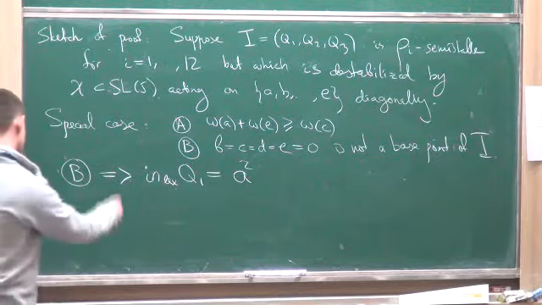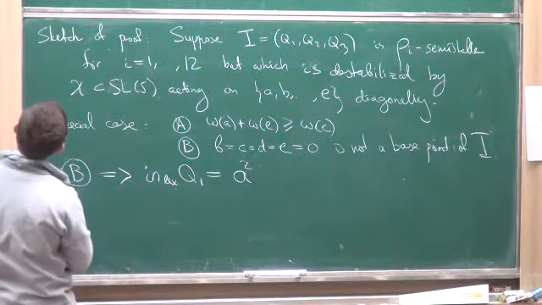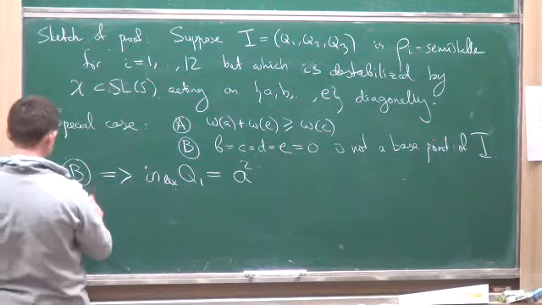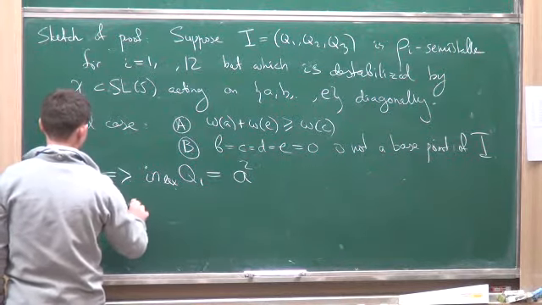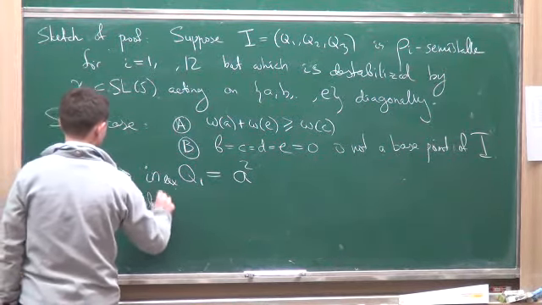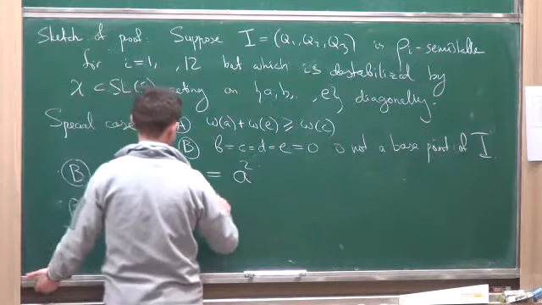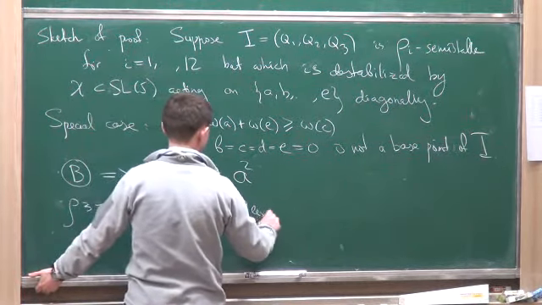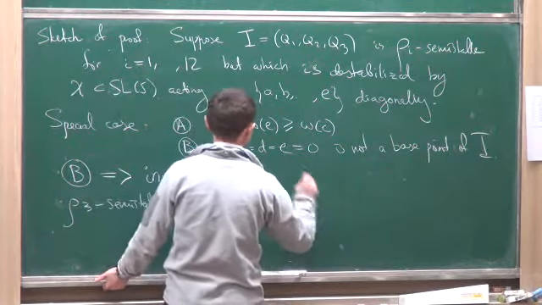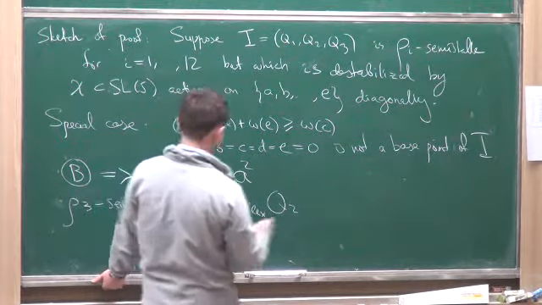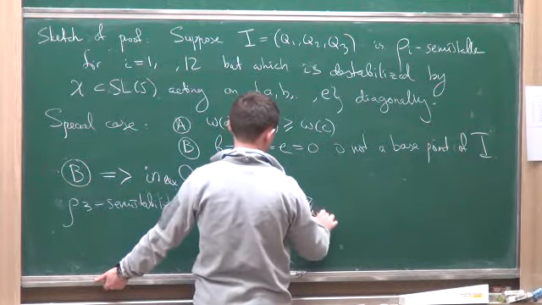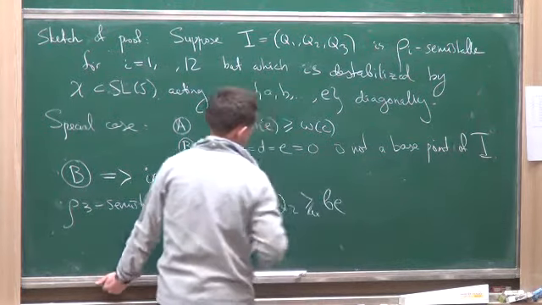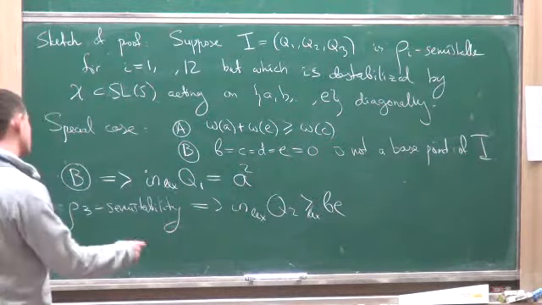Let me observe that rho 3 semi-stability implies that the initial monomial of Q2 is at least B. Why is it so?